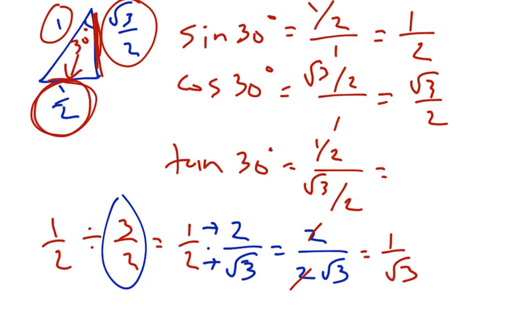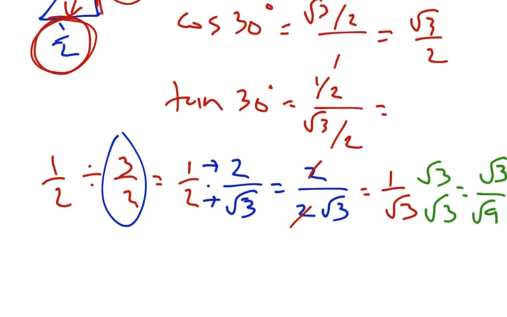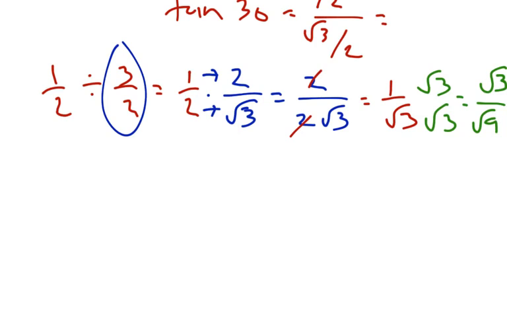But if you remember, can we have a radical in the denominator? No. So I multiply by square root of 3, and that's going to give me square root of 3 on the top. And on the bottom is going to give me square root of 9. Okay? But square root of 9 is equal to 3.